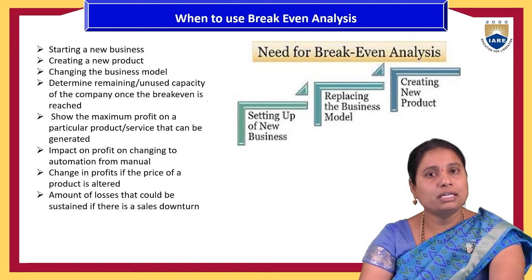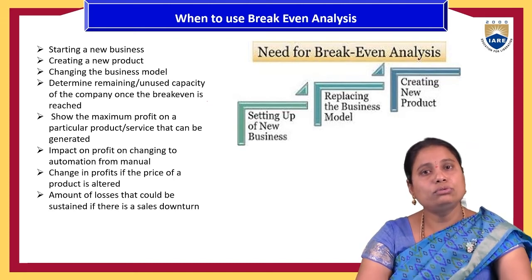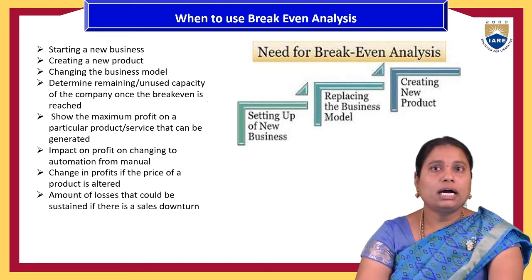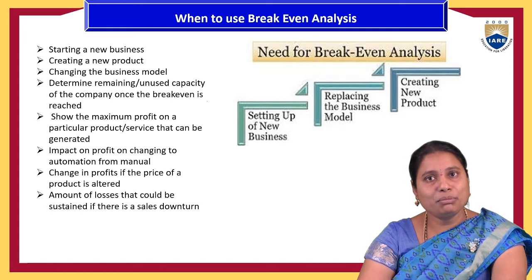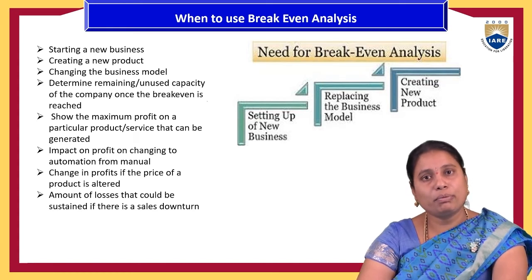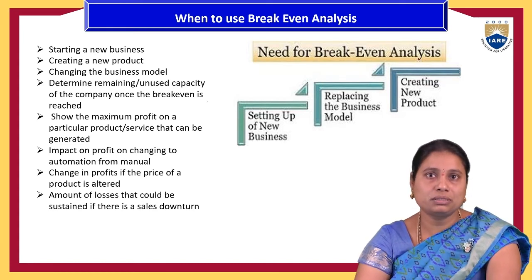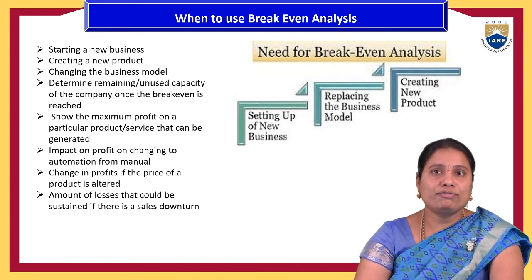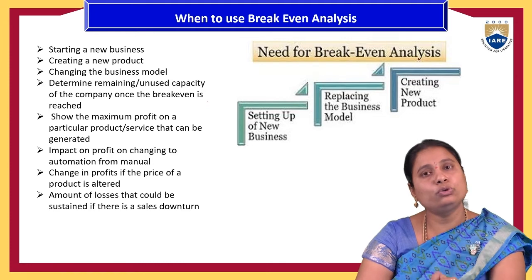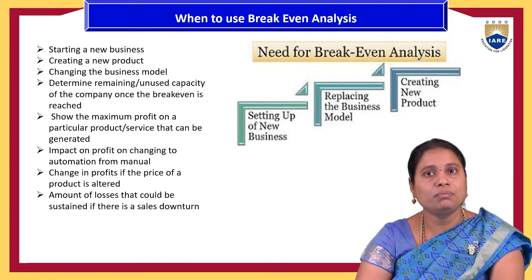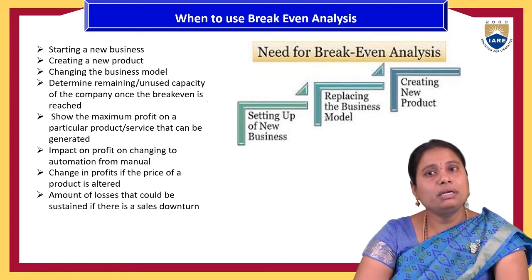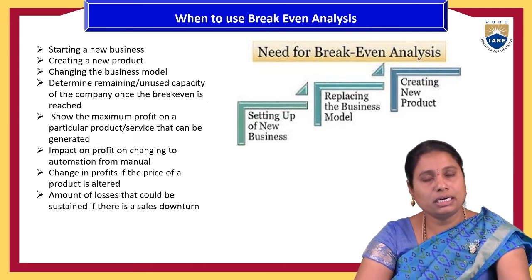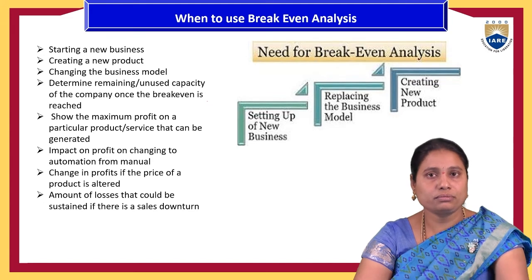Once the break-even point is reached, can they restart that particular unit or not, and to estimate the maximum profit levels of a particular product or service provided by the business, and to analyze the impact of the profits on the revenue generated by the organization, as well as to estimate the losses they could sustain up to a sales reduction point of view.